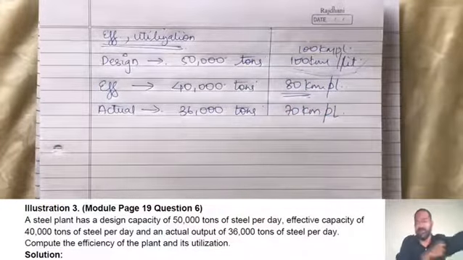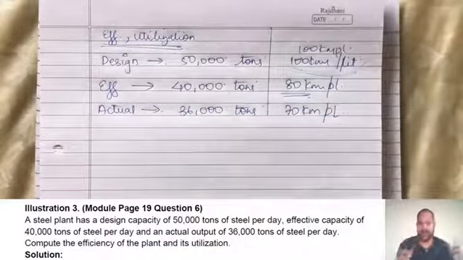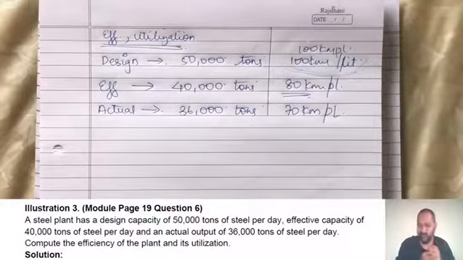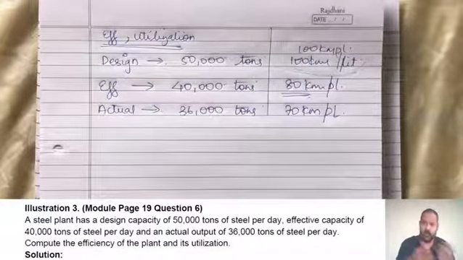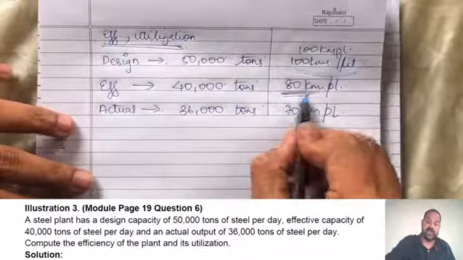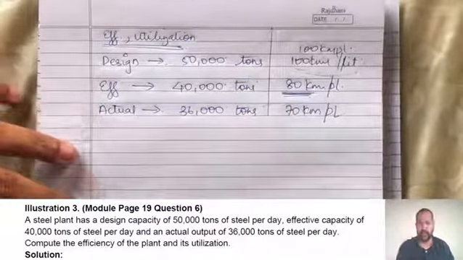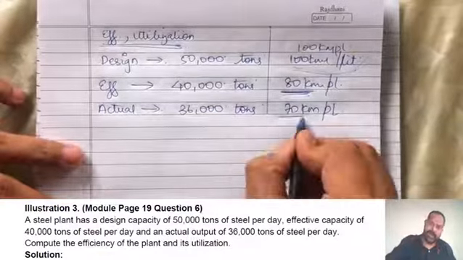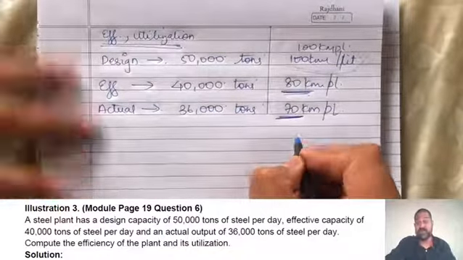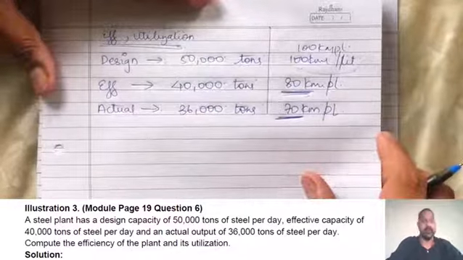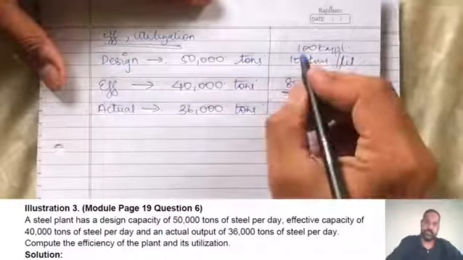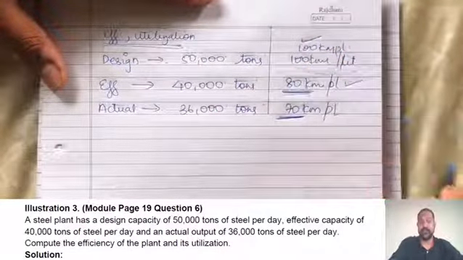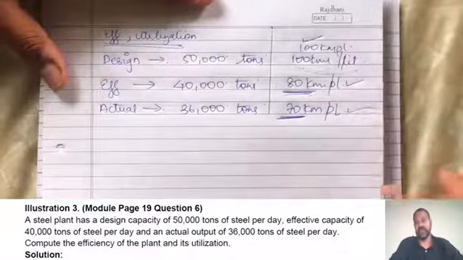So I said, fine, as it is new that when a company writes 100 kilometers per liter, you don't get 100 kilometers per liter. I know you get less. But this person is saying he gets 80. 80 is also good enough for me. So I bought the bike. When I got the bike, I ended up actually getting 70 kilometers per liter. This is the design capacity, this is the effective capacity, and this is the actual capacity.